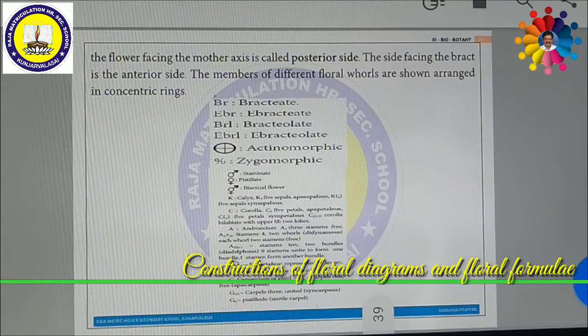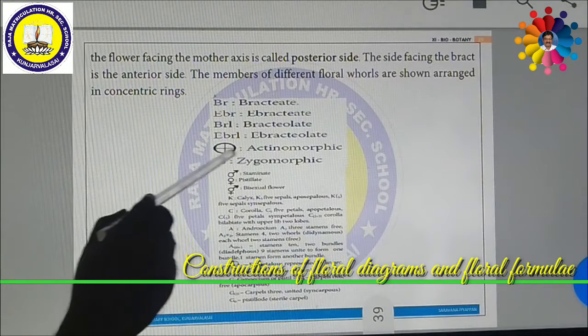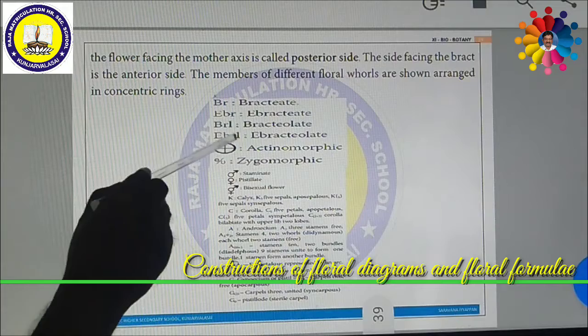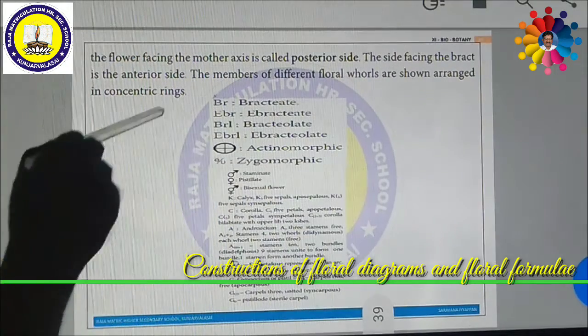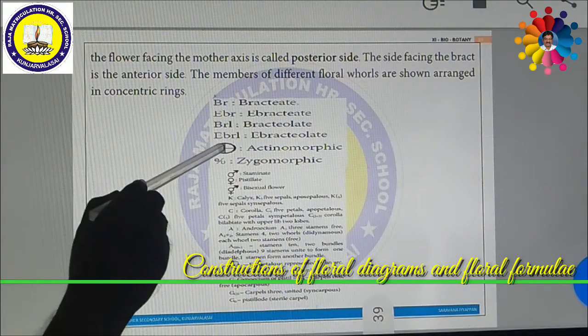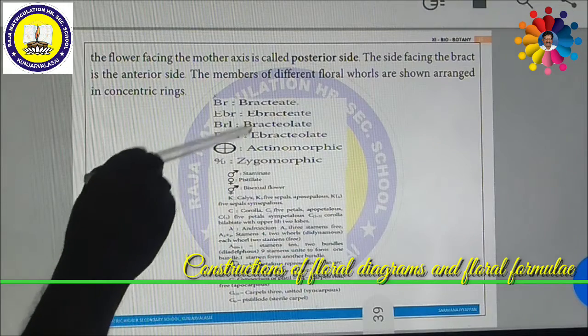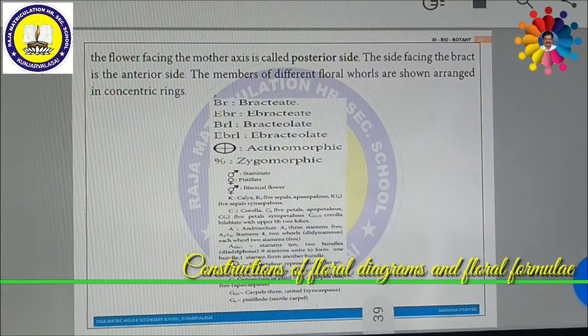Then zygomorphic. What do you mean by zygomorphic? Only at one plane, if you cut, both sides will be symmetric. These are called zygomorphic. They can be represented by a percentage sign or a circle with an X mark. The plus mark is actinomorphic; if you draw an X mark or a cross mark, this is zygomorphic.